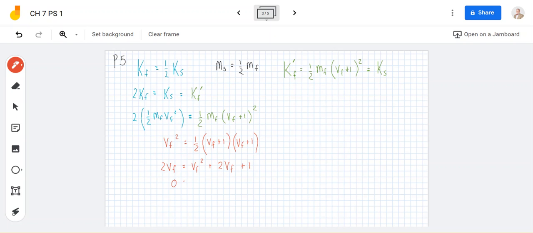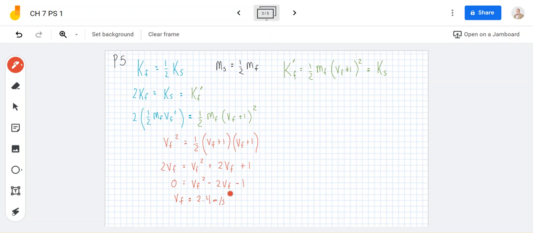I'm going to have to factor here. I can either move this over here, I can move all this over here. The algebra itself doesn't matter. If I subtract this from both sides, I end up with v father squared minus 2 v father minus 1. I'm going to put this into my handy dandy calculator, and I end up with the speed of the father is equal to 2.4 meters per second.